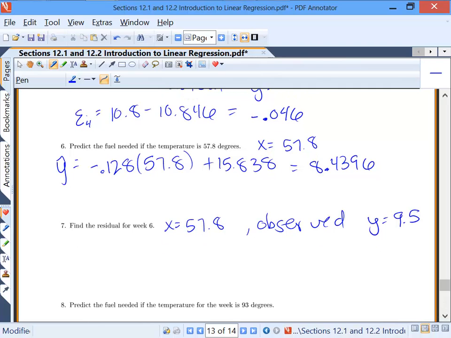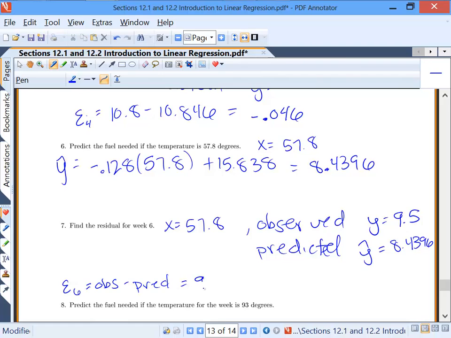So we have our observed. Because that's the same x value we just found a prediction for, we have our observed and our predicted. And then to find our error term, this is the error term for the 6th week. Again, it's just observed minus predicted.